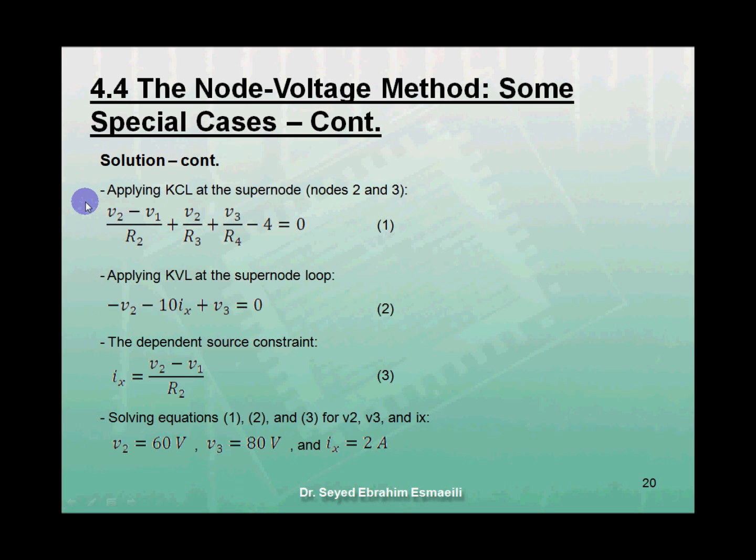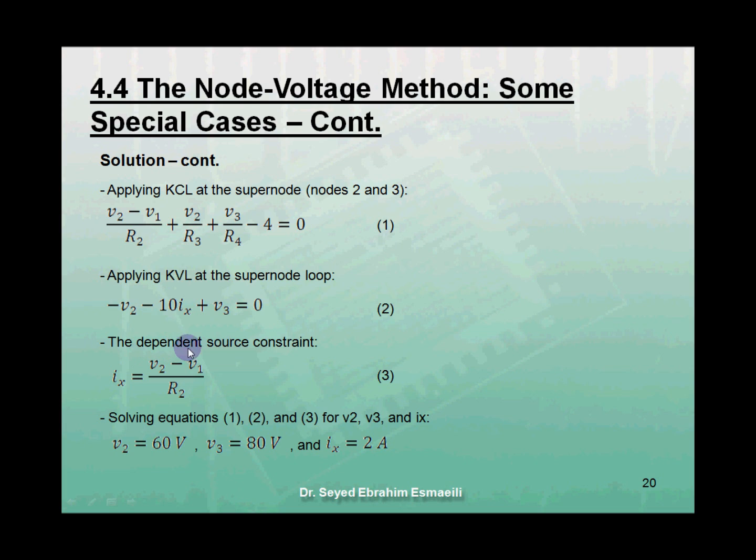Applying KCL at the supernode, nodes 2 and 3, we get (V2 minus V1) over R2 plus V2 over R3 plus V3 over R4 minus 4 equals 0. Applying KVL at the supernode loop yields minus V2 minus 10Ix plus V3 equals 0.